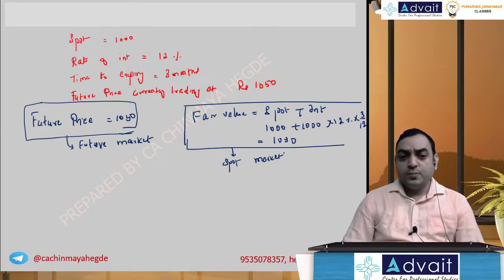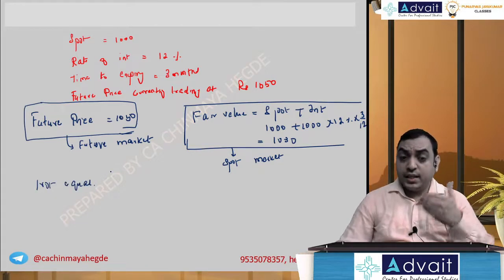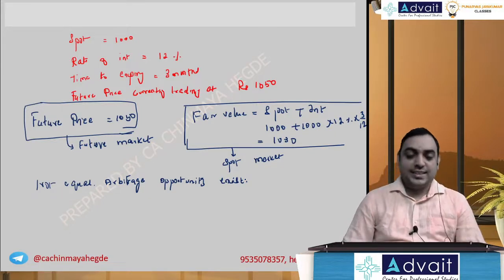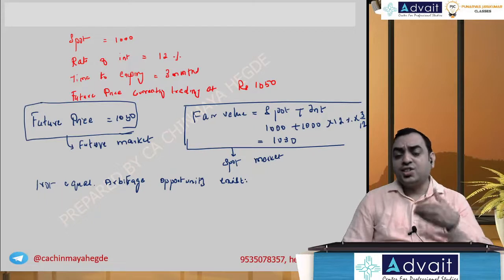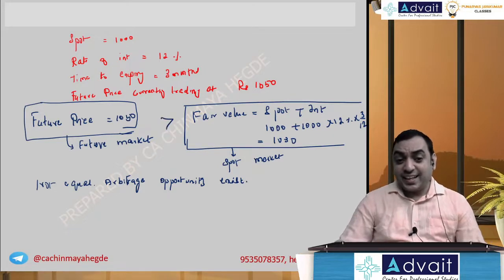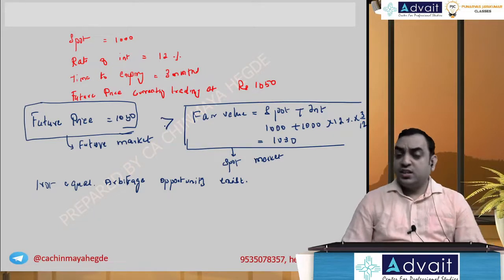Now these two are not equal, 1050 here, 1030 here. That means there is an arbitrage opportunity. Arbitrage opportunity exists. And how do you construct the arbitrage? I'm going to tell you now. Look, future market 1050 is greater than spot market at its fair value 1030.